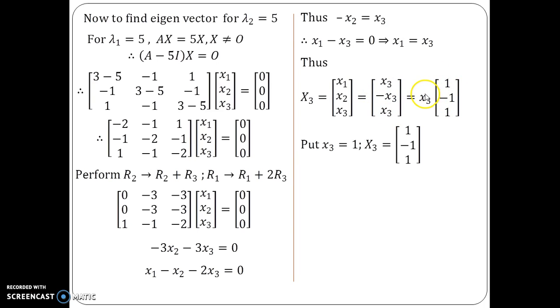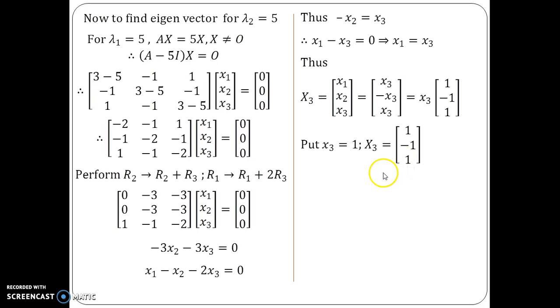Pull out the constant x3, and in the vector I am left with 1, minus 1 and 1. Substitute an arbitrary number for x3 but not 0. I put x3 equal to 1, and I obtain my eigenvector x3 as 1, minus 1, 1. So we are done.